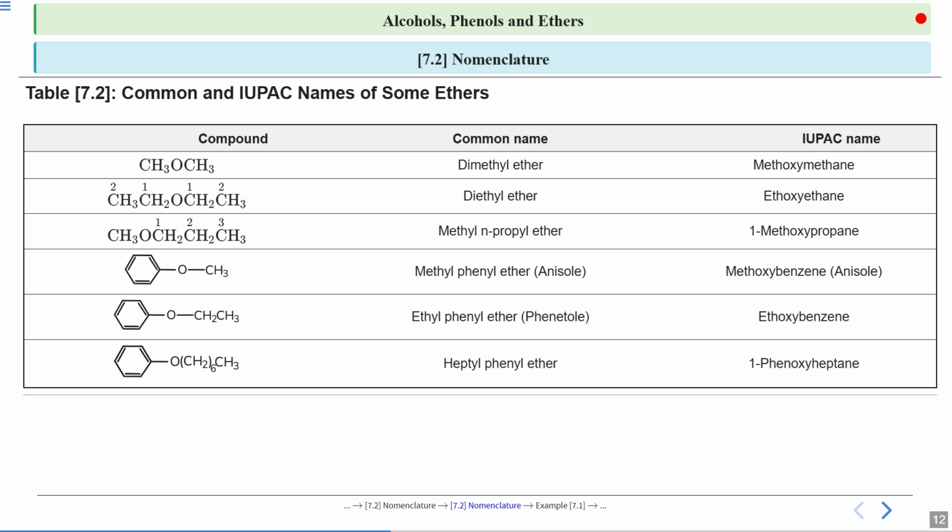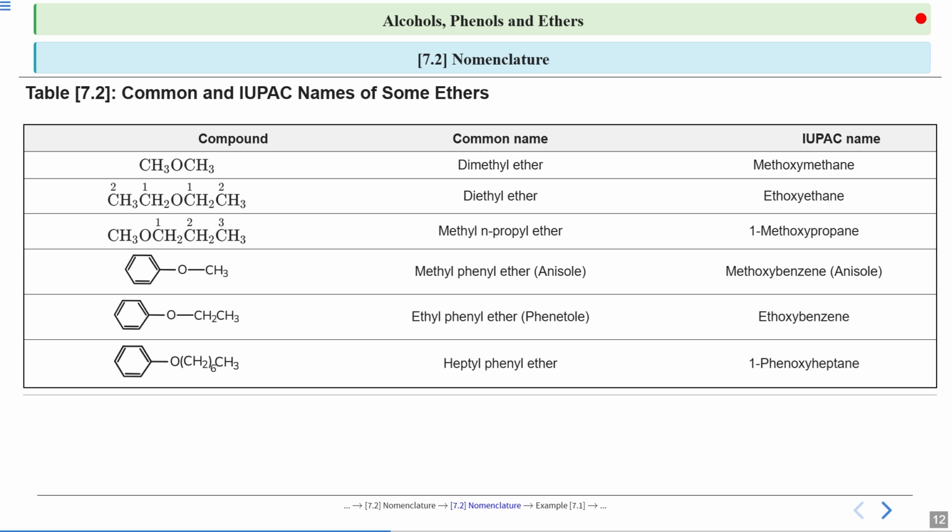So simple. Then we have the compound diethyl ether. Again, the two R groups are the same, but we increase the number of carbons in both groups. So diethyl ether, and the IUPAC name is ethoxyethane, because both are the same. The next compound is methyl n-propyl ether.